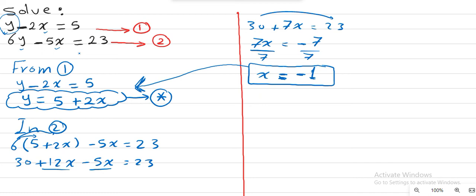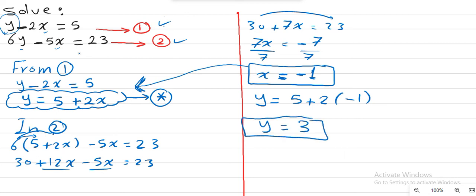You can choose equation 1 or equation 2, but it's better to choose equation star. Why? Because it's the simplest one to get the value of y. It will be direct. So y equal 5 plus 2, put x in its place, 5 plus 2 multiply negative 1, using calculator, it will be 3.